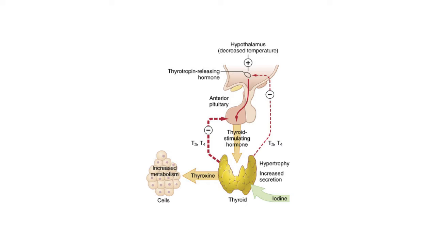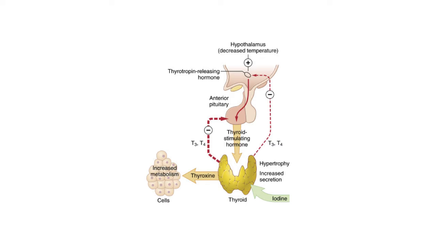Also in response to thyroid stimulating hormone, or thyrotropin, the thyroid gland will increase its uptake of iodine so that it can incorporate this iodine into thyroid hormone. It will also increase in size, a process that we call hypertrophy, and at the same time, it will increase its secretion.